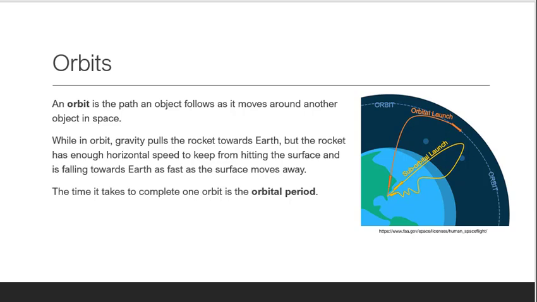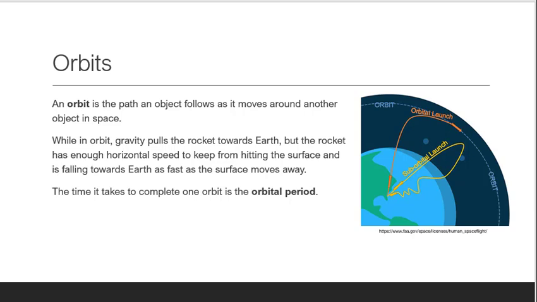But the rocket has enough horizontal velocity. Remember at the beginning of this, I was talking about projectiles. Here we go. It has enough horizontal velocity that it doesn't hit the Earth, but it follows the curvature of the Earth around. It's always falling, but the Earth is always bending away from it.